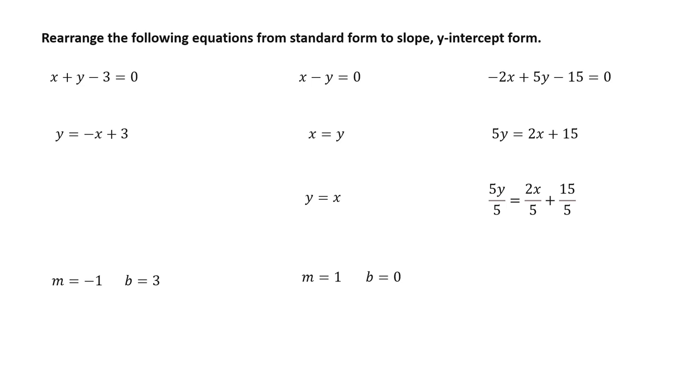Once the 5's cancel out, we're left with y equals 2/5 x plus 3. Our x coefficient, the slope, is 2/5, and the value of b, our y-intercept, is 3.